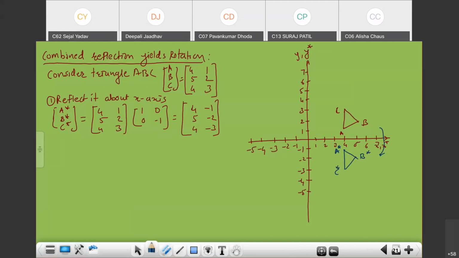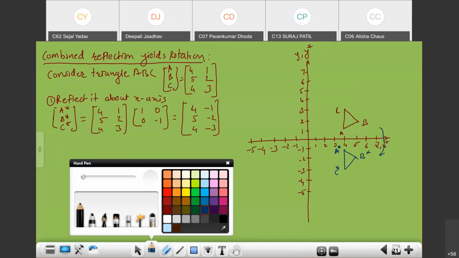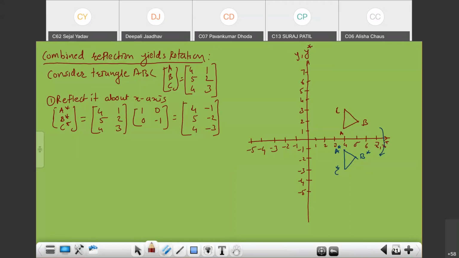Second, now we reflect it through the line y is equal to minus x. This is one of the examples that 2 reflections are equal to 1 rotation.